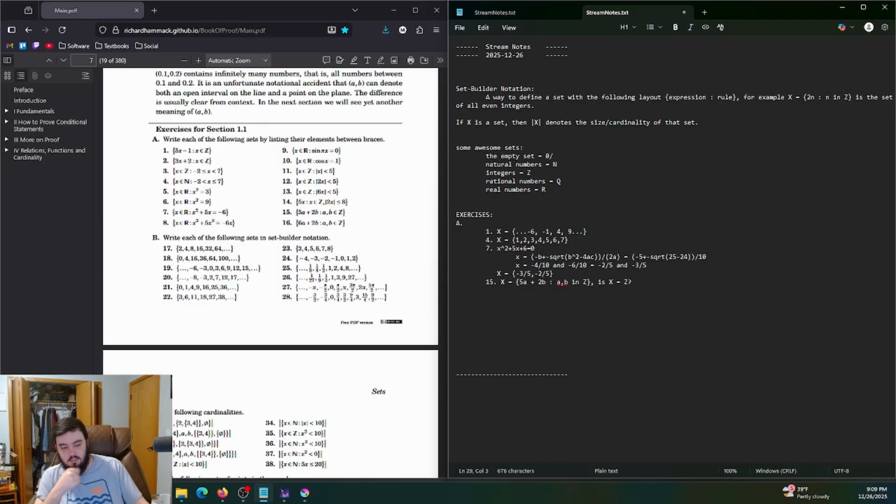So really we need to see if, let n be in Z, then can we find an a and b that create n?